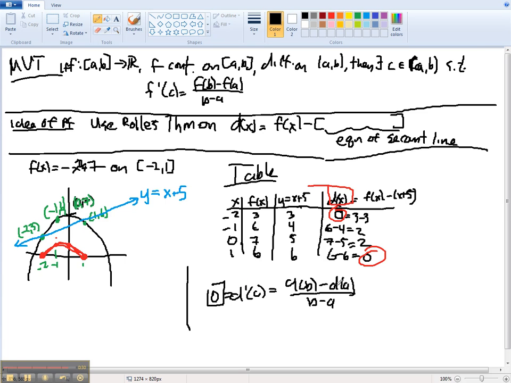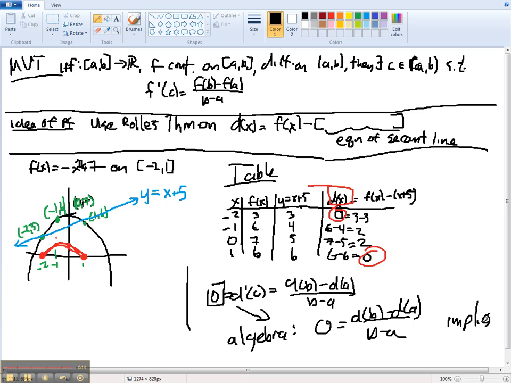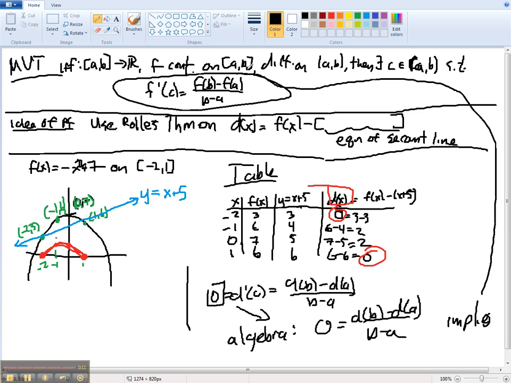So if you go through the algebra, you can see that 0 equals d of b minus d of a over b minus a implies this. So that's the idea, and here's an example. This is what you should think of. You want to look at the difference between these two, use Rolle's theorem on that, and you're set. Bye-bye.